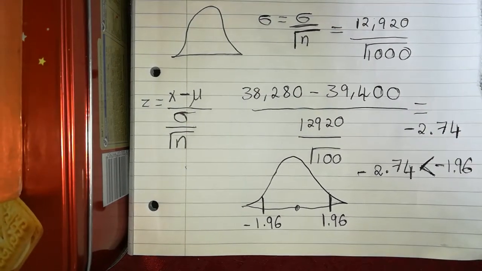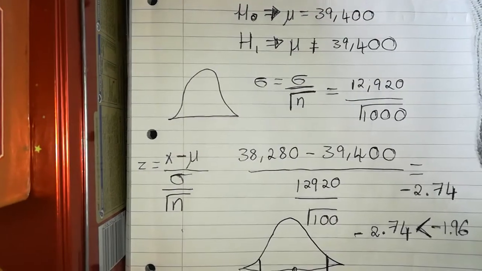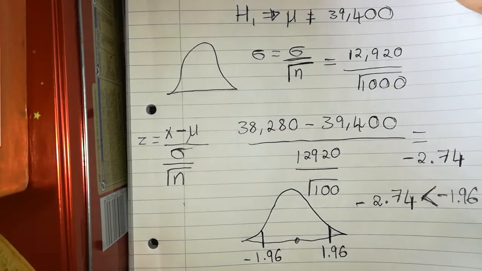But there is another way we could have done this question. After getting z values, we could have conducted a confidence interval.